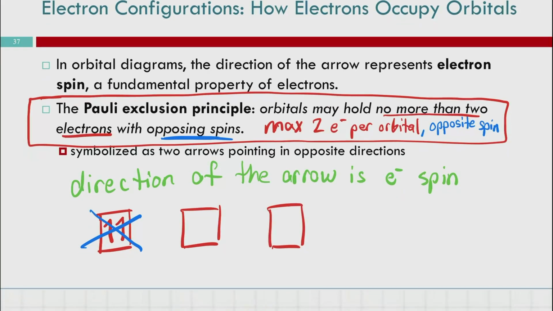We cannot do that. Quantum mechanics forbids this. We can also have another one that's illegal, 2 down arrows. Also not allowed. However, we can have 1 up and 1 down, and this is allowed. This is what we do. If you're going to have 2 electrons in the orbital together, they have to be opposite spin, 1 up, 1 down.